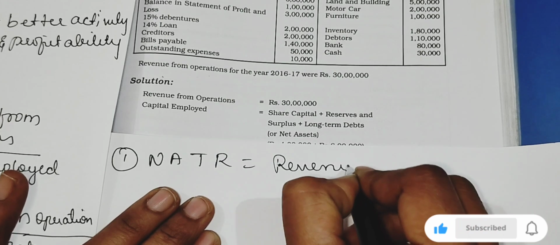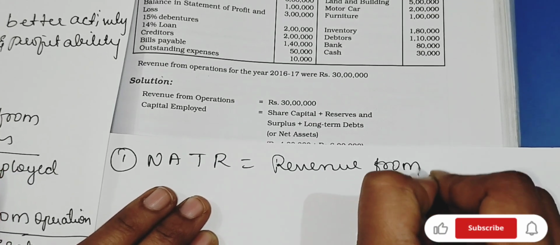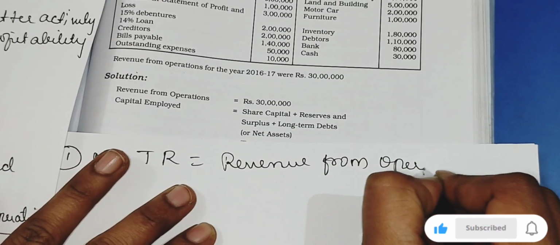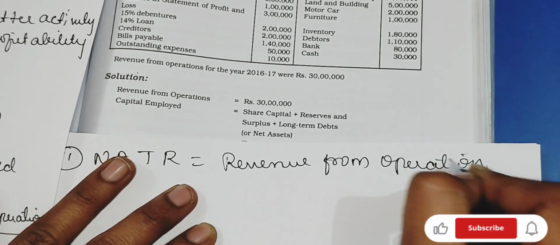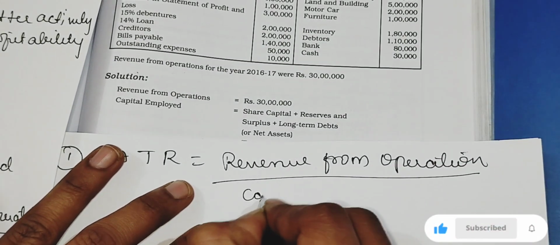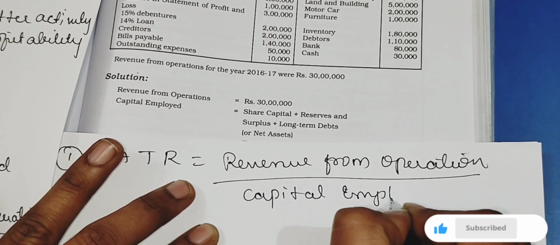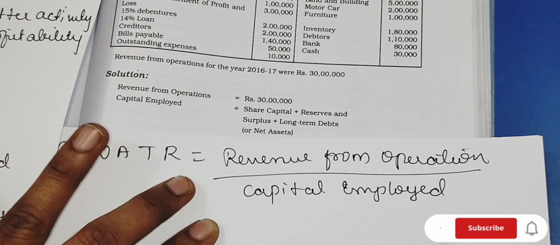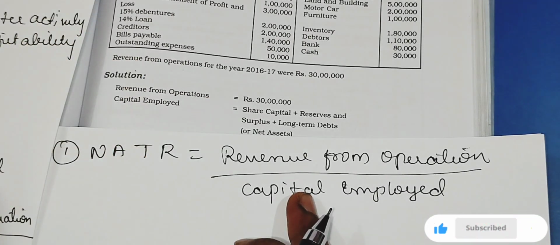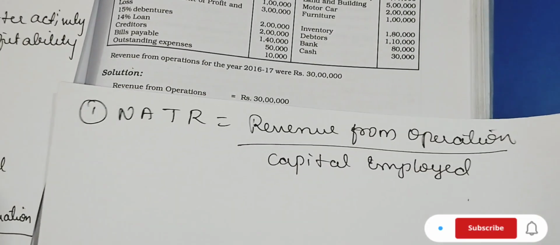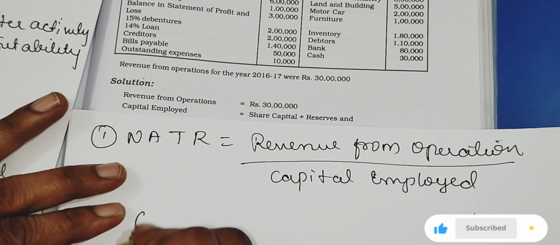Revenue from operations is given. So let us calculate the capital employed.